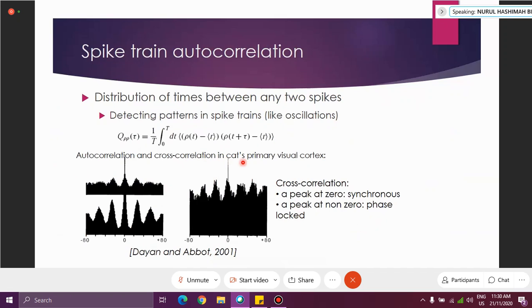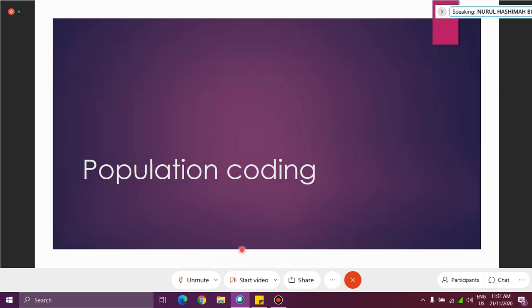Cross correlation has meaning: a peak at zero means synchronous, and a peak at non-zero means phase lock. I'm not going to go deeper into this. It's enough that you understand that you can do autocorrelation and cross correlation to understand the distribution between any two spikes.